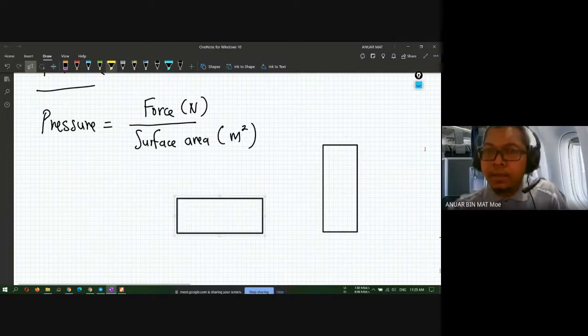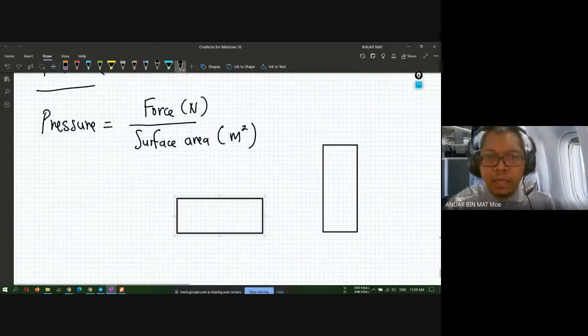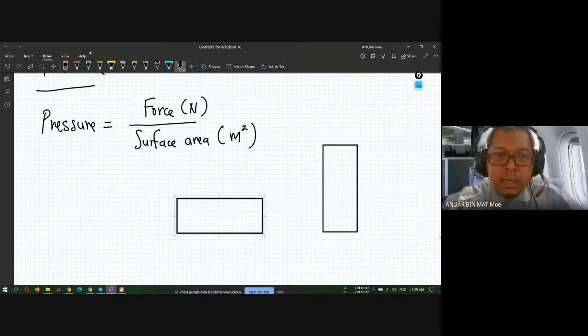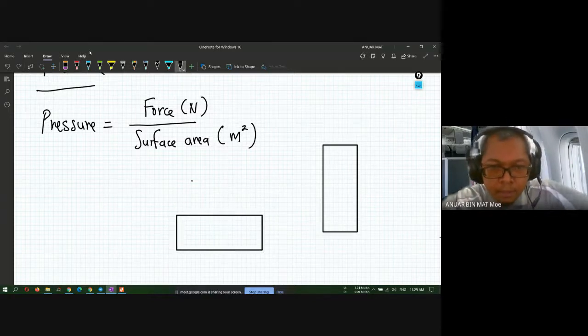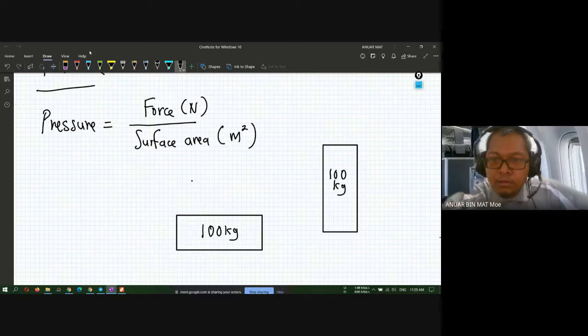Okay, class. Sorry, a bit late. For example, I have two identical objects here, weighing 100 kilogram each. This is 100 kilogram, and this is also 100 kilogram.